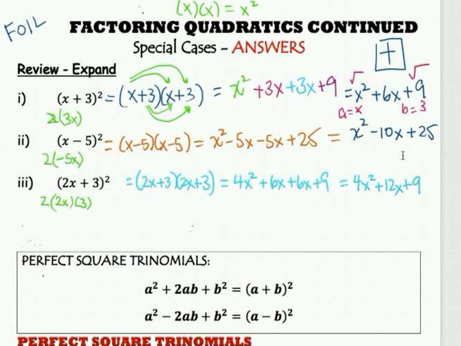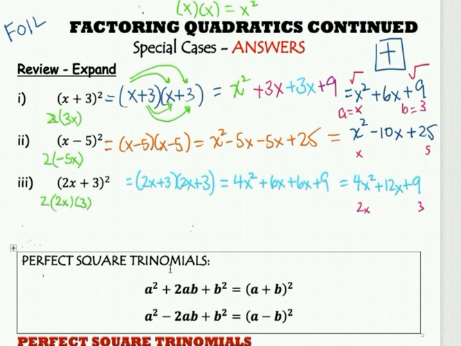Say the middle one is a subtract, then we would write subtract, and the a and b would have been x and 5. And here it would be 2x and 3. Then you jump right to the factored form.